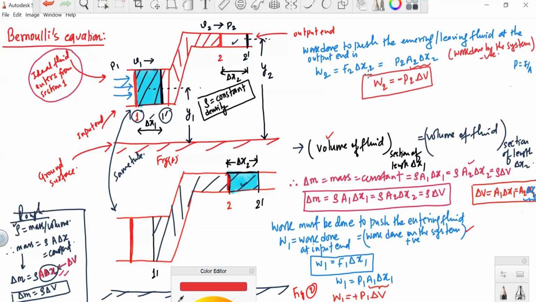Now we need to find total work done or net work done. So let us find net work done.